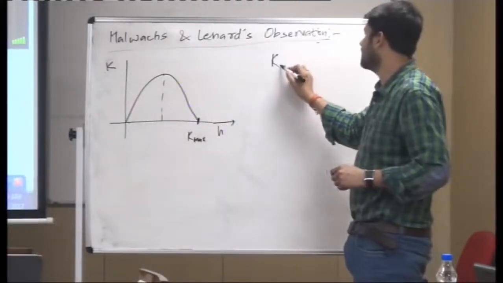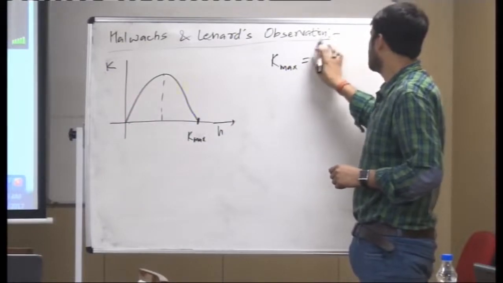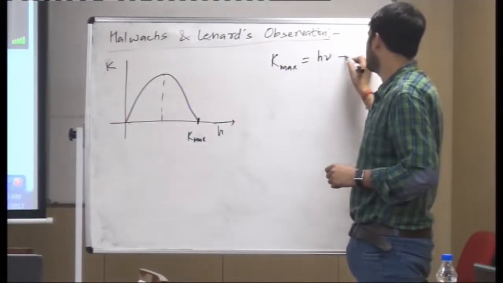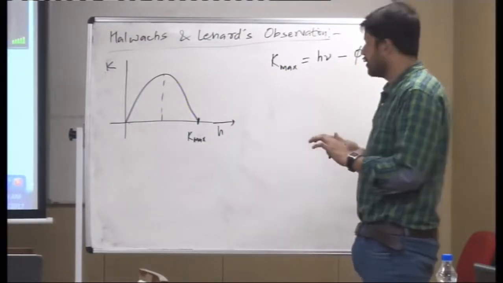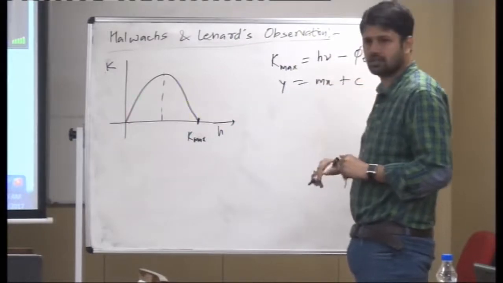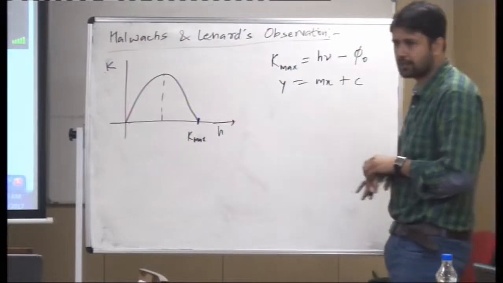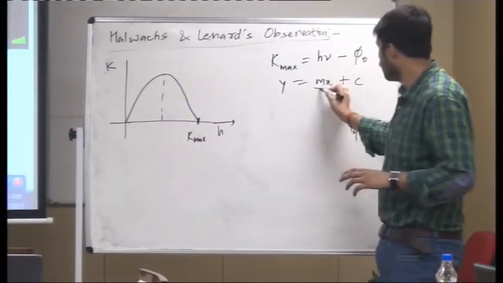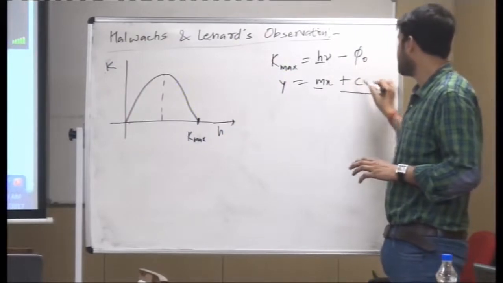You see, the equation was this: maximum kinetic energy is h nu minus phi naught, or hc by lambda minus phi naught. This is an equation of the form y is equal to mx plus c, right? The slope is positive, while the y-intercept is negative.